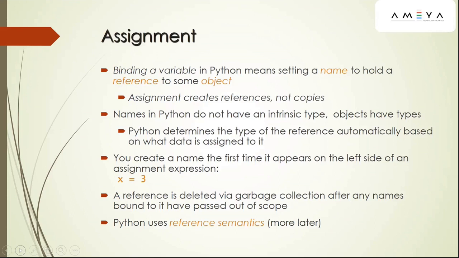You create a name the first time it appears on the left side of an assignment expression. Here on the left hand side, I'm going to assign a variable name called x. On the right hand side, I'm going to assign the value 3. A reference is deleted through garbage collection after any names bound to it have passed out of scope. Python uses reference semantics. So assignment uses the assignment operator in Python. In operators, we are going to see the assignment operator.